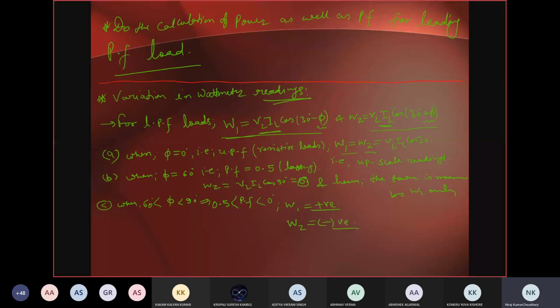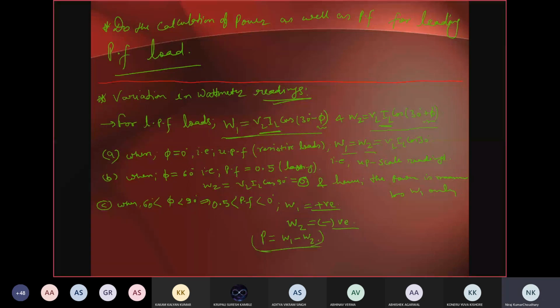That is, the reading of W2 is reversed as the phase angle between the current and voltage is more than 90 degree. Therefore, for getting the total power, the reading of W2 has to be subtracted from W1 in order to obtain the total power.